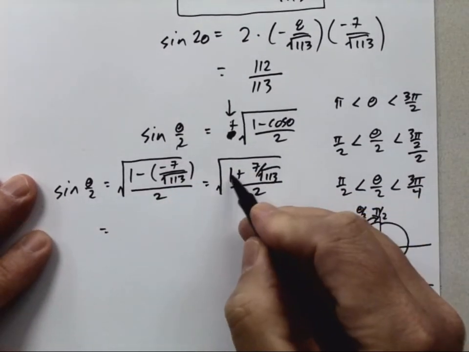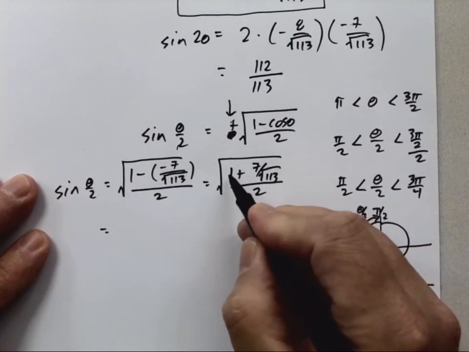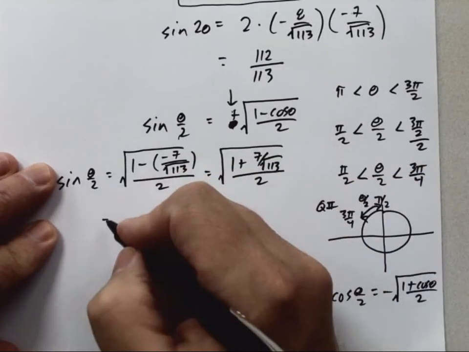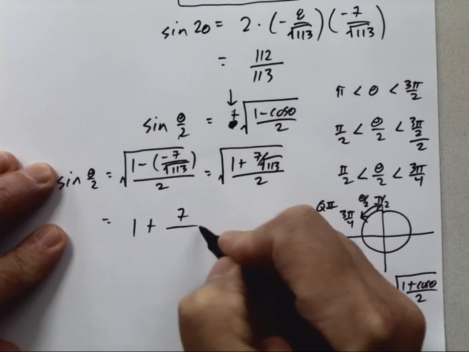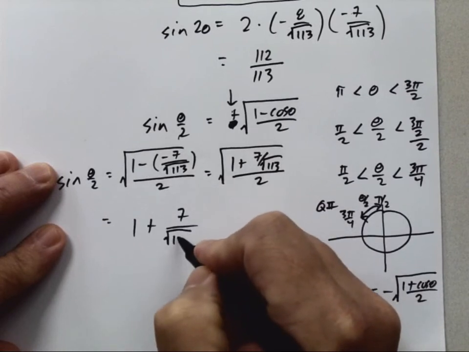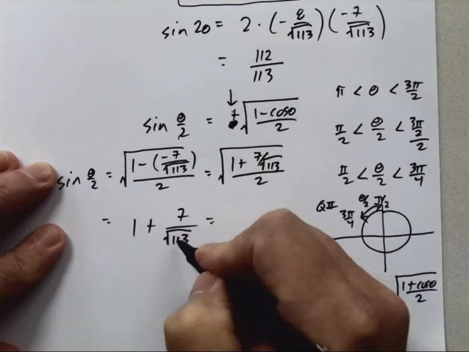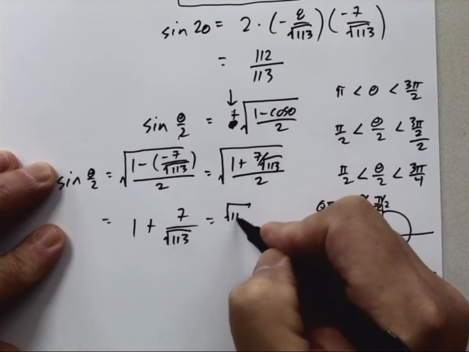So now, if I do the math, what happens when you subtract a negative? Now, I need to combine 1 and this fraction. I'm going to make this one fraction. So this 1 becomes really square root of 113 over square root of 113. I should probably show you that. My denominator's got to be this.